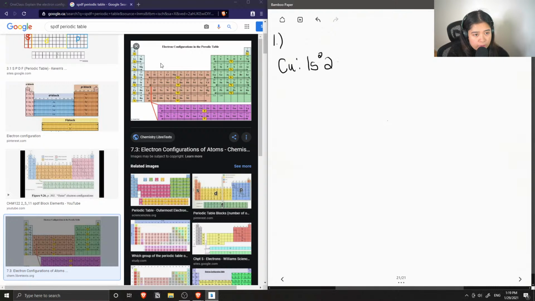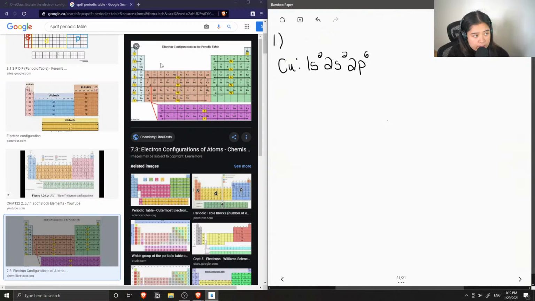So row 2, block S, and again, 2 electrons will fill this orbital. And now we move over to the 2p section. And the p orbital can house 6 electrons. So we write 2p6.